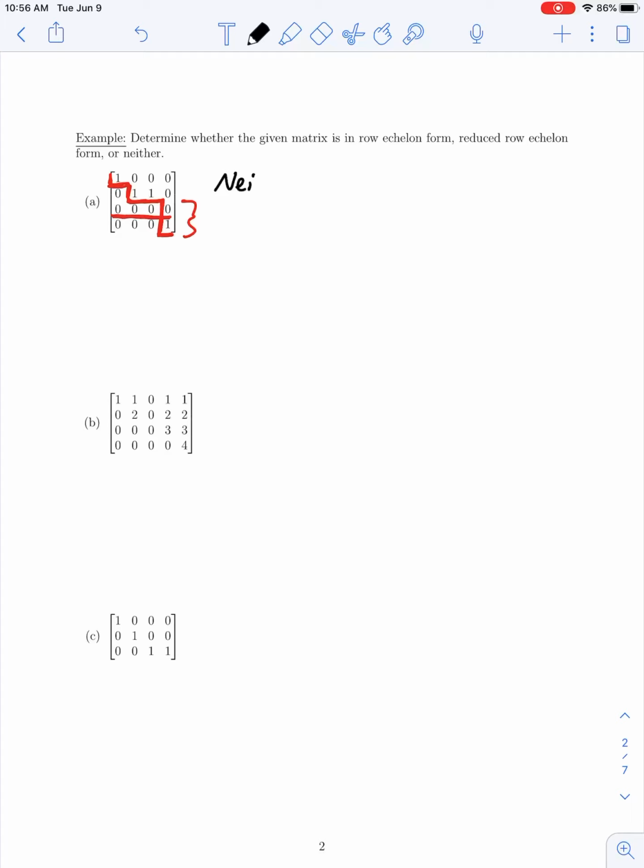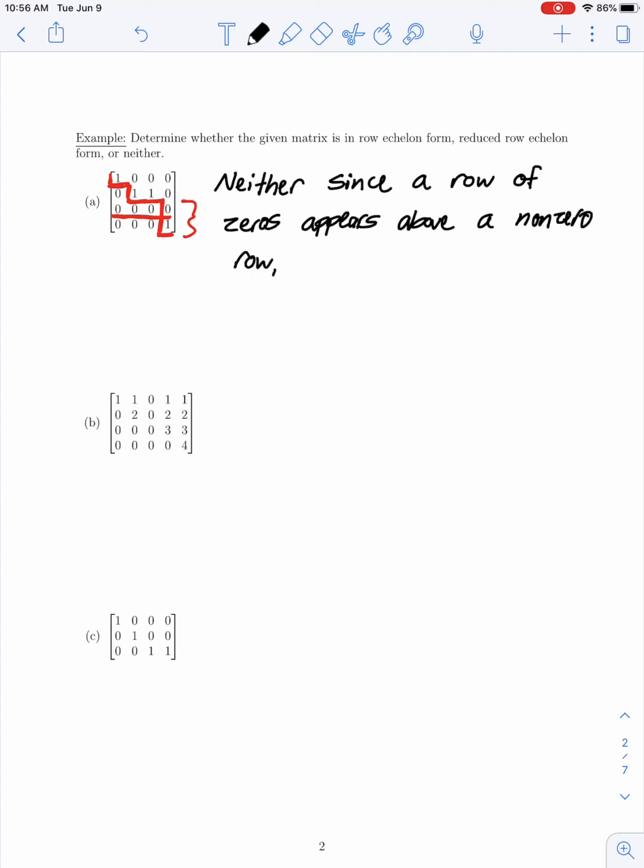So here we would say that this matrix is neither in echelon form nor a reduced echelon form. And the reasoning is since a row of zeros appears above a non-zero row.